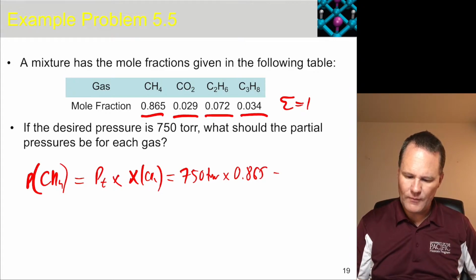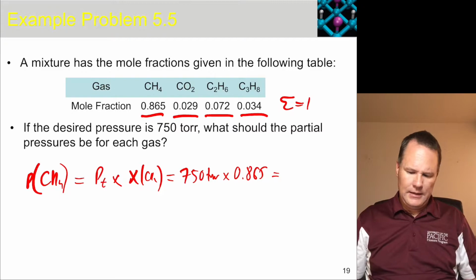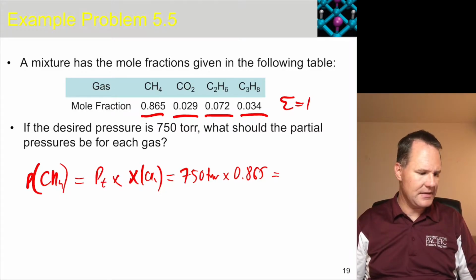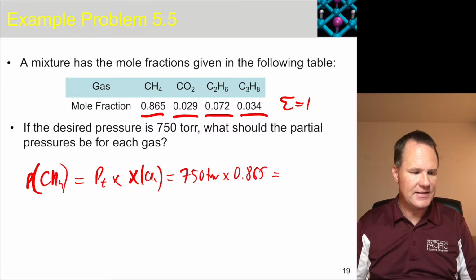That of course is unitless, right? And so 750 times 0.865 is going to be 649 torrs.